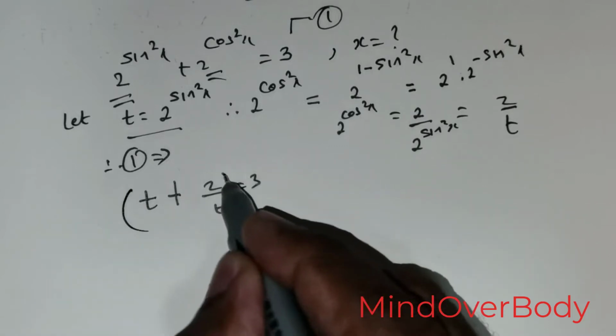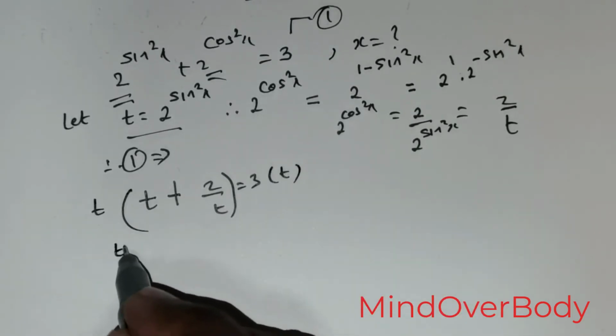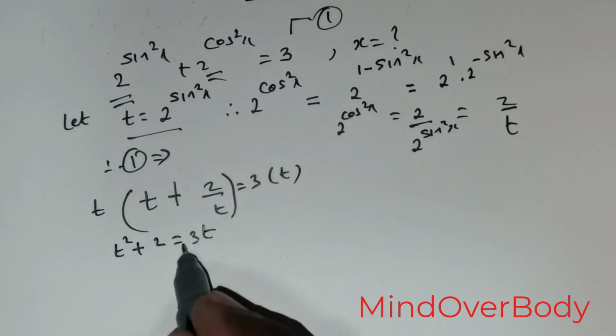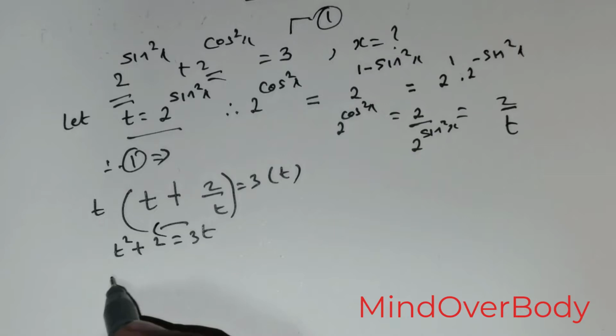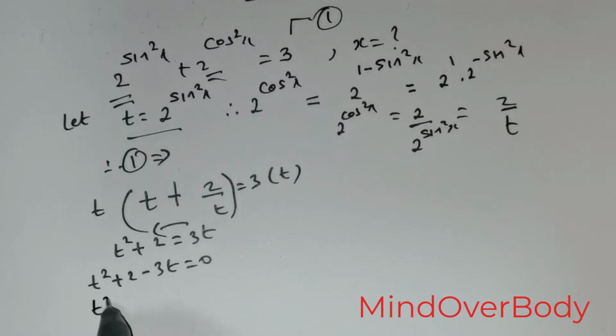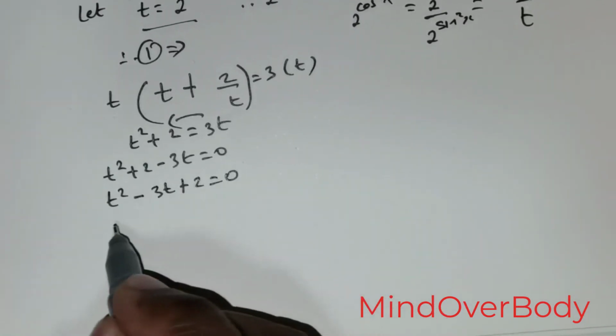Now if I multiply both sides by t, this would give me t squared plus 2 is equal to 3 times t. I can bring this down to the left hand side. That would give me t squared plus 2 minus 3t is equal to 0. I can rewrite this as t squared minus 3 times t plus 2 is equal to 0.